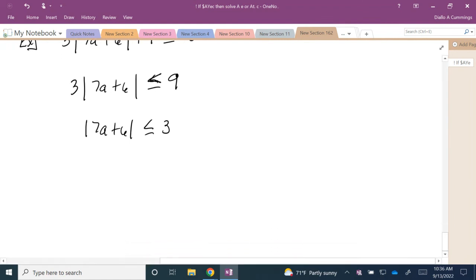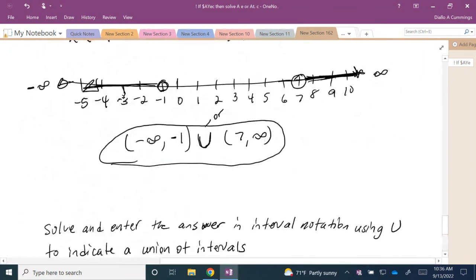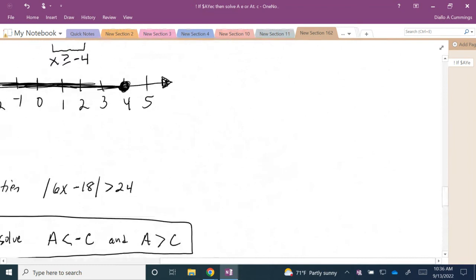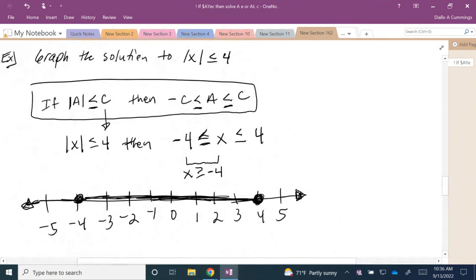So I'm going to write this out as -3, and since I have the equal to bar, is less than or equal to 7a plus 6. So I remove the absolute bars. And that is less than or equal to +3. All right, so again, we are using this formula.